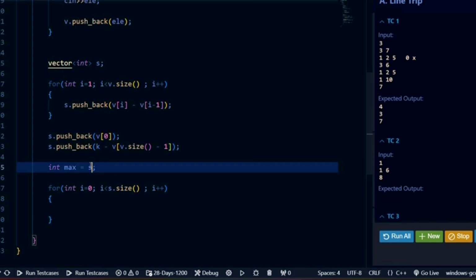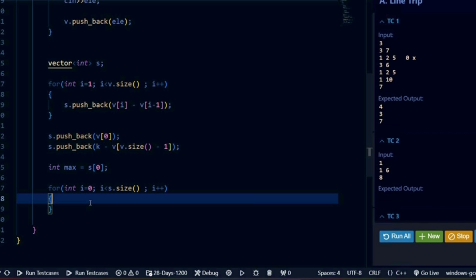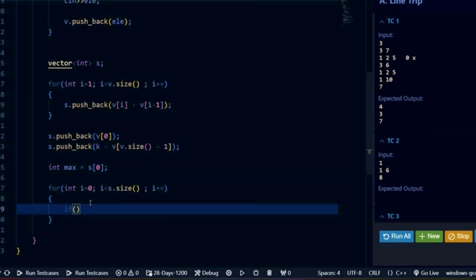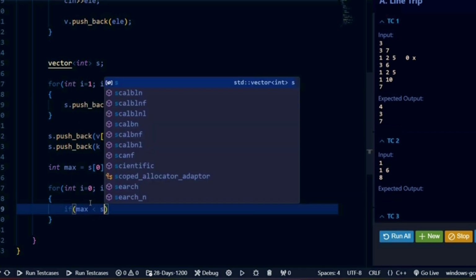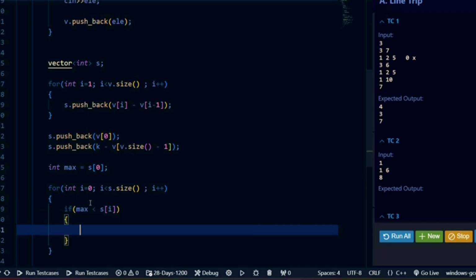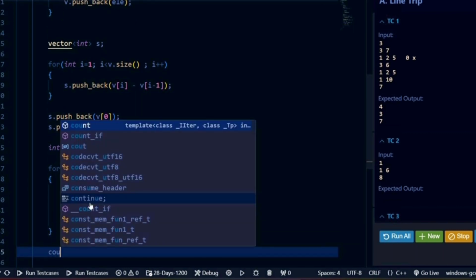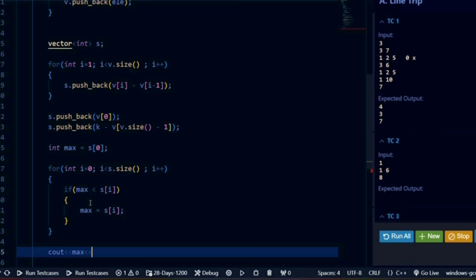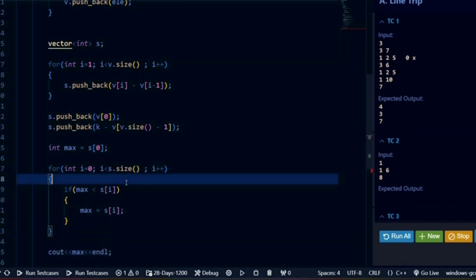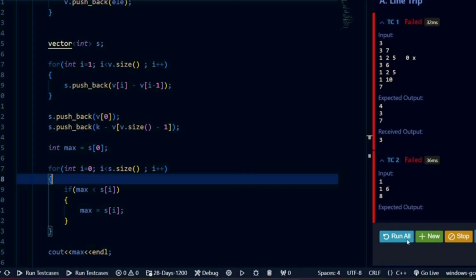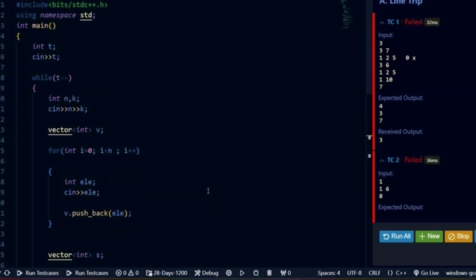Let's make it s of 0. If max is less than any element in the vector, I am going to store the value of s of i to the max simply. Now I will cout the max, and that would be my answer. But it will not be completely true for all the cases. There would be some error.